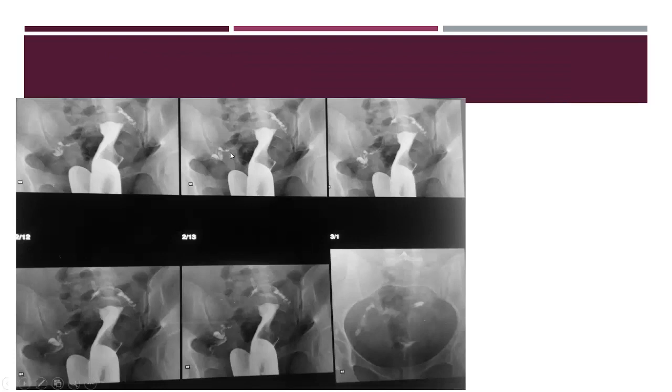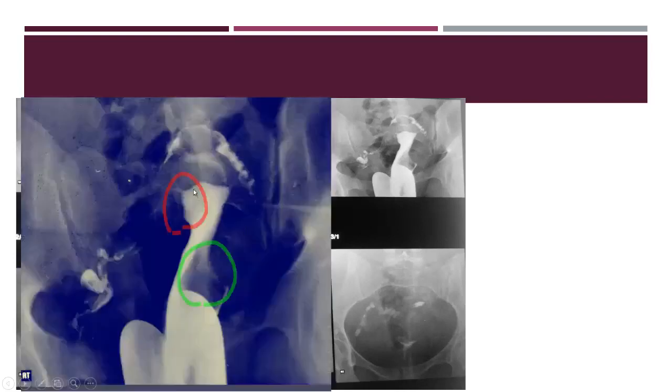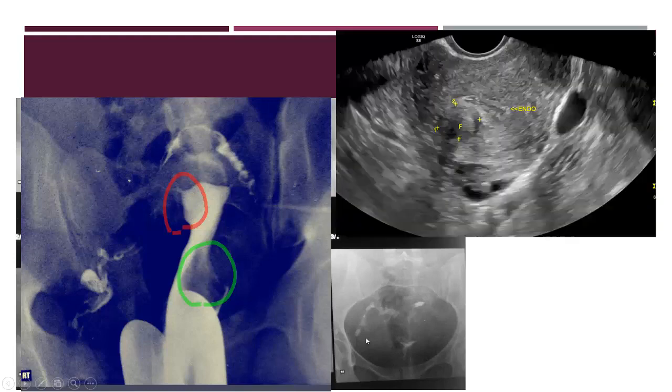Here again, it is a distorted uterine contour. We have a filling defect here in the cervicocorporeal junction, and we have another filling defect here in the right uterine cornu. Two filling defects with distorted contour and a relatively large uterine cavity. We should think of fibroids. Here, this is the right cornual defect, and this is the cervicocorporeal defect.